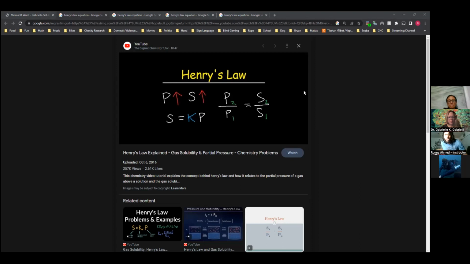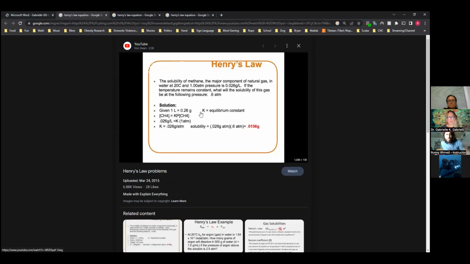So the whole thing with the volume is that the temperature and the volume have to be held constant in order to see how solubility and pressure are related. Here's a real world example of actually making that calculation and finding the equilibrium constant for a natural gas.